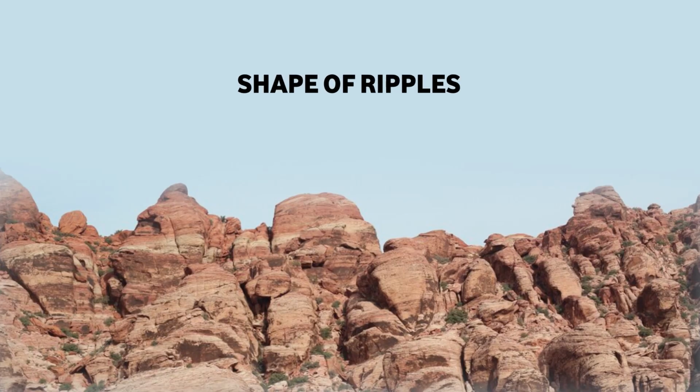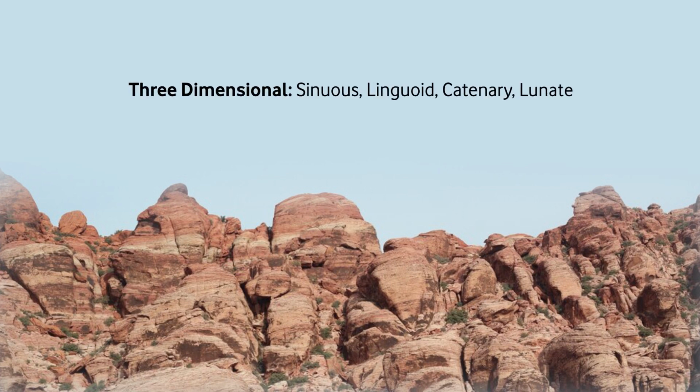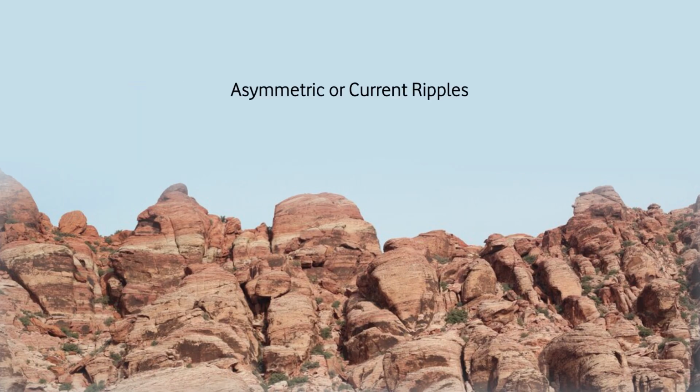Shape of ripples are also of two types, two-dimensional or three-dimensional. They are either straight crested or three-dimensional, sinuous, linguoid, catenary, or lunate. They are either asymmetrical or current ripples. Asymmetrical are the current ripples, or they are symmetrical, which are also wave ripples.